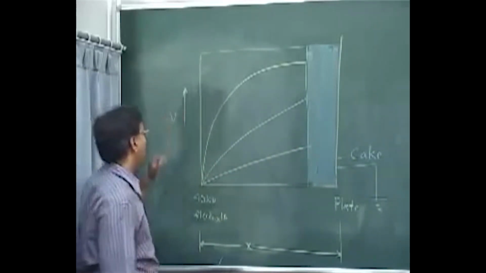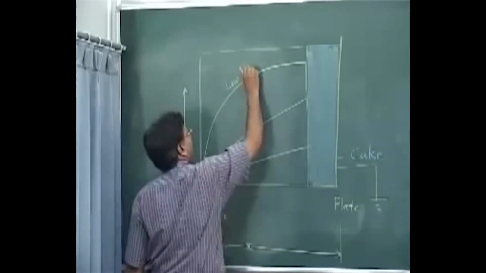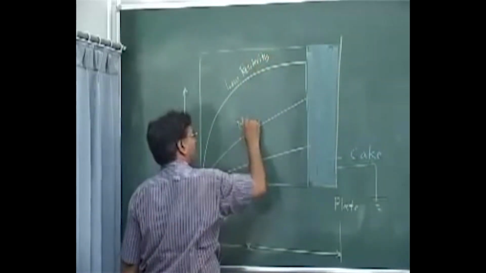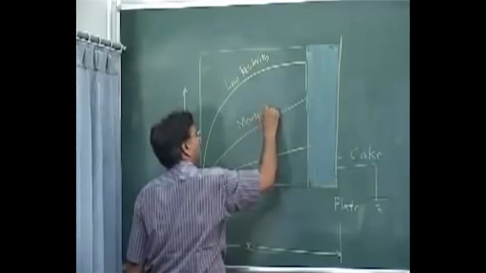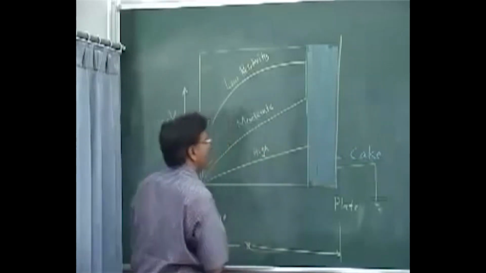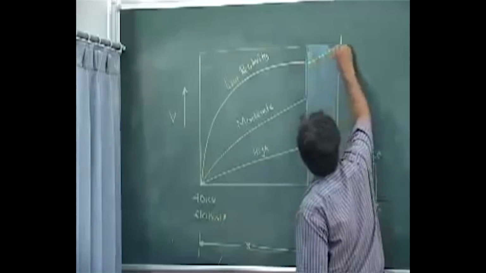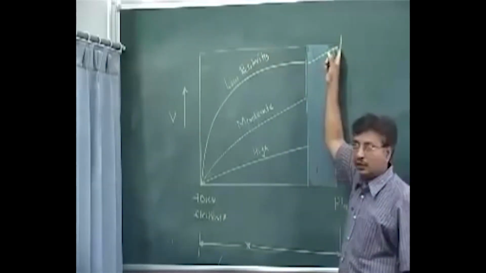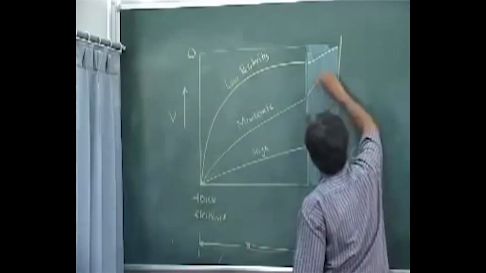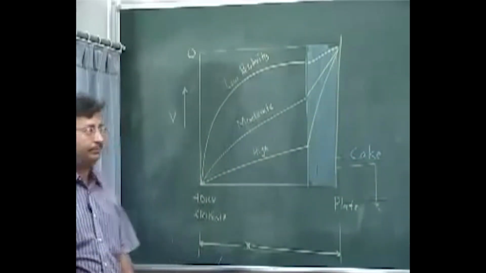So we are talking about low resistivity, moderate and high. And to complete the picture, because here it has to be 0 at the plate, this also should become 0.